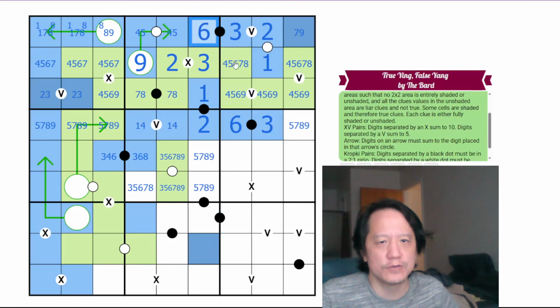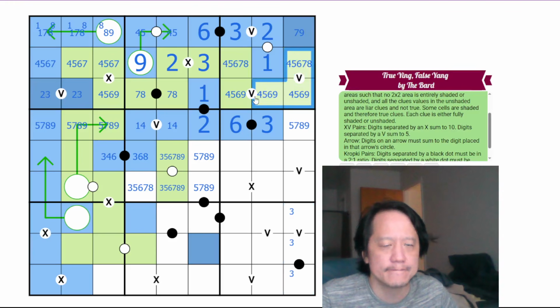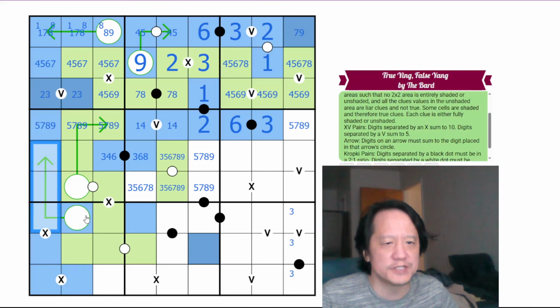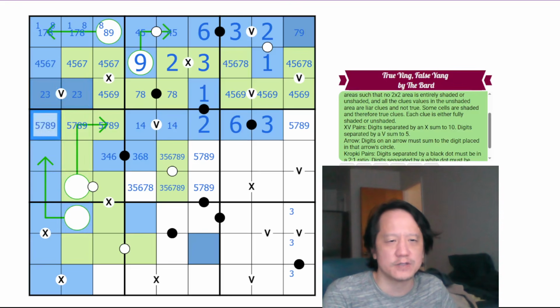3 is definitely here. 3 has to be one of these 3 digits in column 9. These 3 digits must add up to what this digit is. So it cannot be 1, 2, 3 adding up to 6, because that would eliminate all possibilities for that cell there.